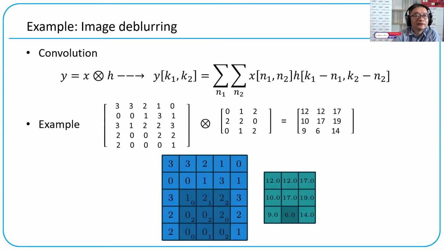It describes how you average out all these local pixels to produce a blurred one. Essentially, this animation shows that I just take nine pixels and average them out using the weights given by this 0, 1, 2, 2, 2, 0, and 0, 1, 2. That is how image blurring works.